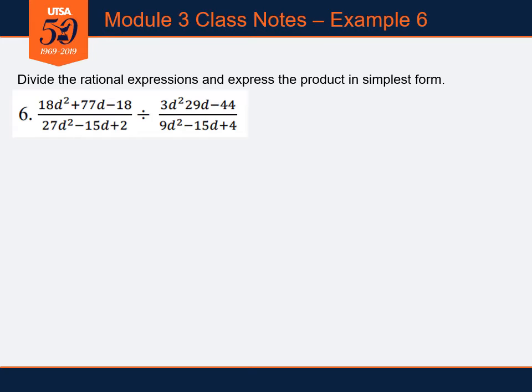So lots of AC method work to do here. Note that there is a typo here on this example. There's a missing plus sign between the 3d squared and the 29d term. I apologize for that typo. Easy enough to fix. I'm fixing that now.